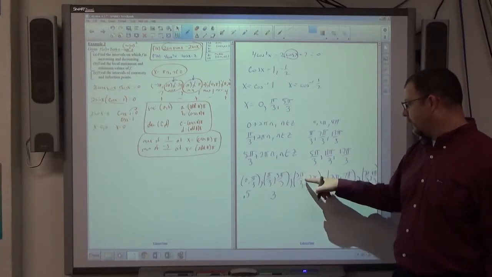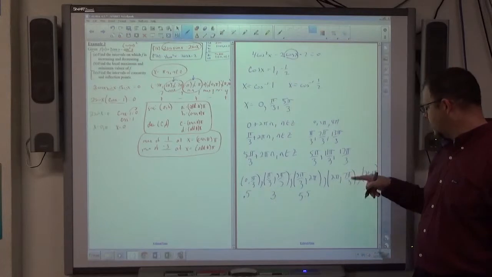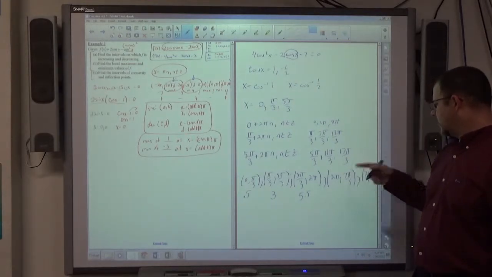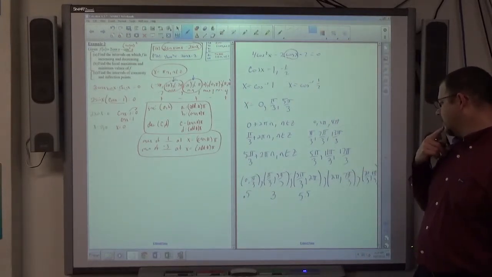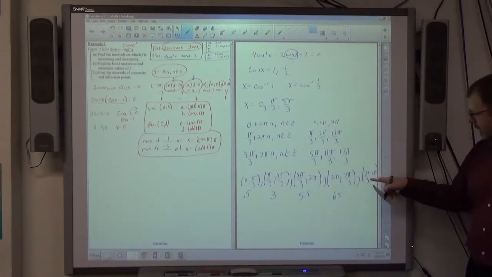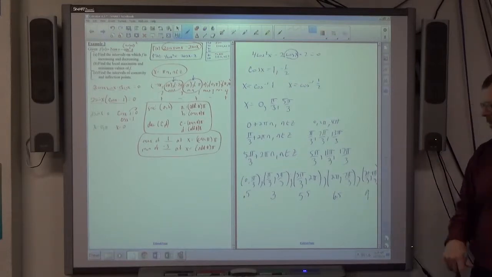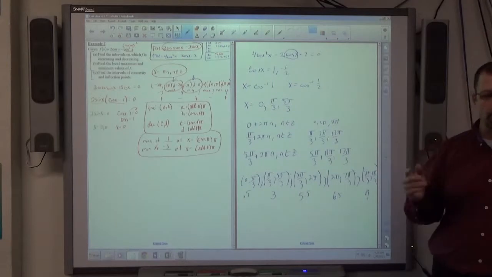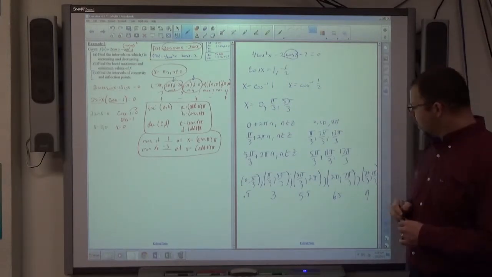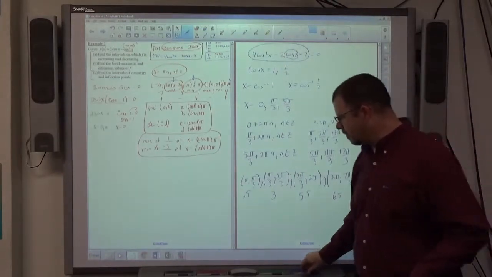Then 5 pi over 3 up to 2 pi, a little bit bigger than 6, let's go 5.5. 6.28 up to 7 pi over 3, which is about 7 point something, let's go about 6.5. And 7 point something up to 11 point something, let's go 9. You need the decimal approximations of those, just type pi over 3 on your calculator to see what you get.